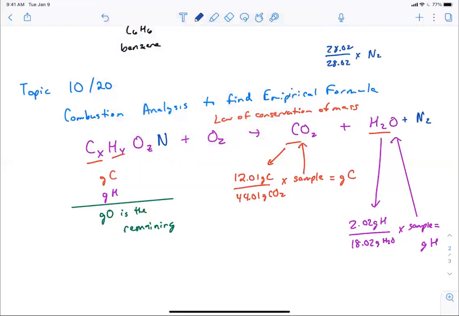So if I give you a mass of nitrogen, that's your mass. If I give you a mass of N2, that's your mass of nitrogen. So don't overthink that, because even if you do it the way that I've told you, you should get the fact that it's all nitrogen that's in your sample. So don't let that trip you up.